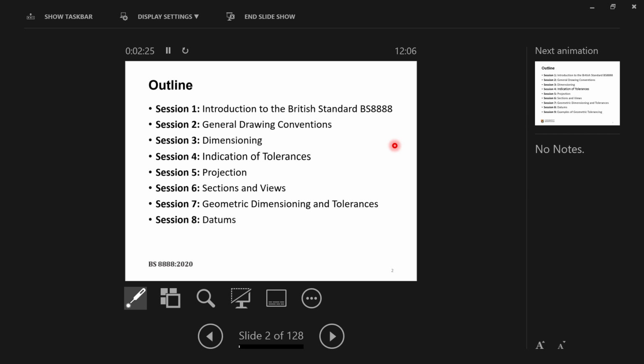Then session number 8 is going to be on datums. Datums are related to GD&T, so you need to define datums in order to include GD&T in your drawings. In the last session, I'm going to show you some examples of this GD&T according to the British Standard.